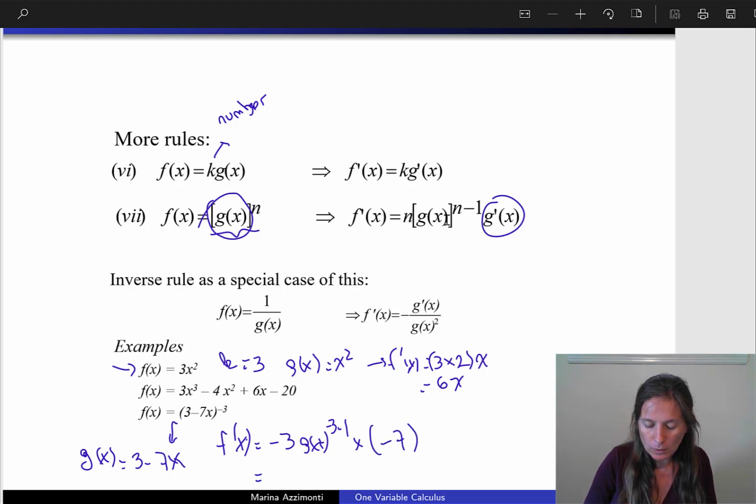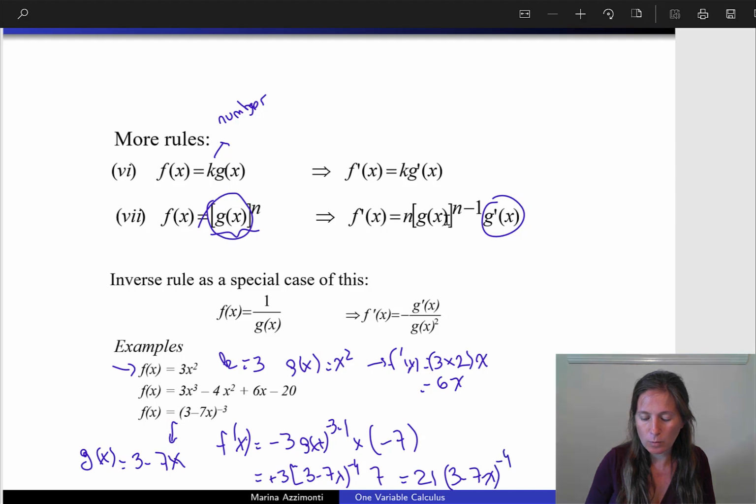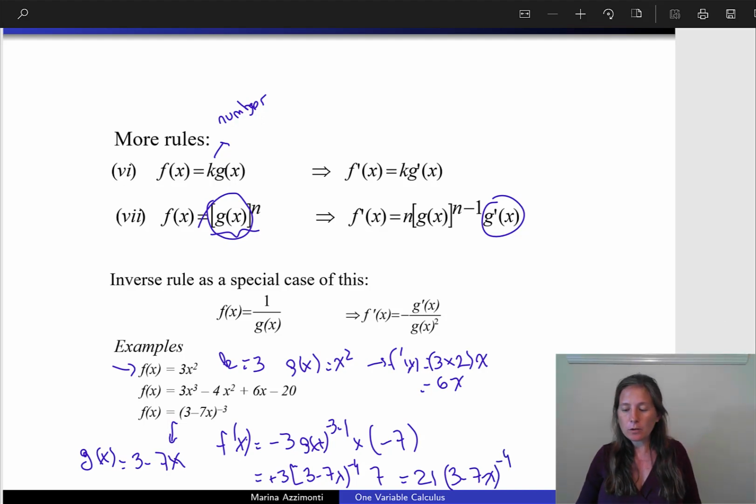Okay? So it's going to be minus 3 times g of x, which is 3 minus 7x to the minus 4, times minus 7. So this times 7, or 21 times 3 minus 7x to the minus 4. Okay?